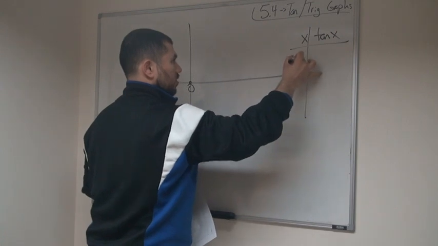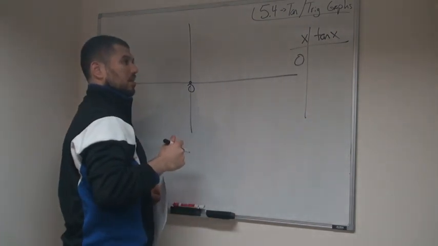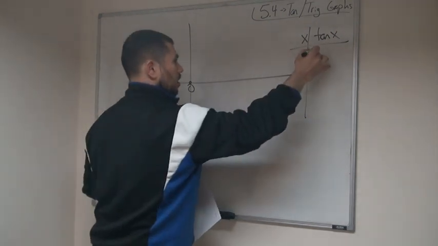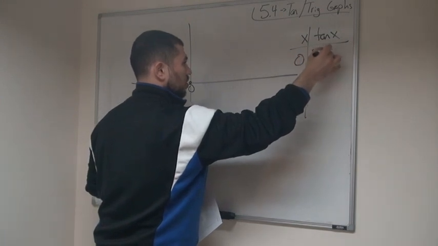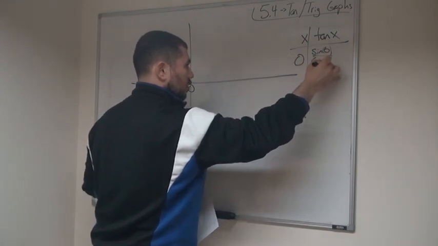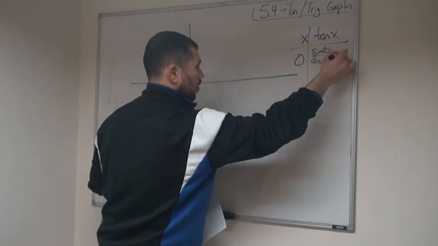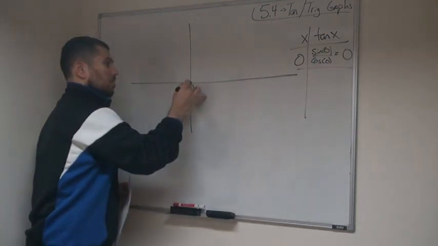So when x is 0 degrees or 0 radians, the sine over the cosine of 0, sine of 0 over cosine of 0, would give me 0 over 1 or 0. So I have a point here.